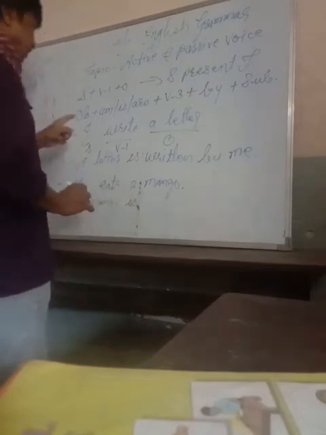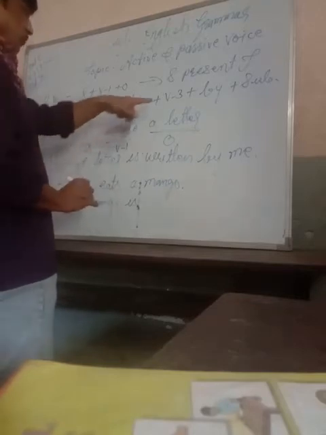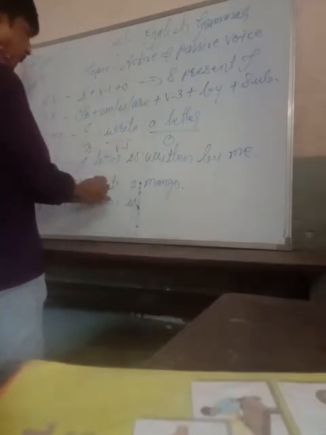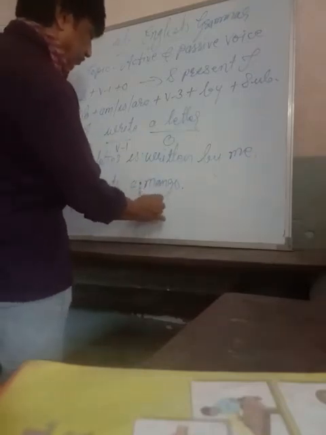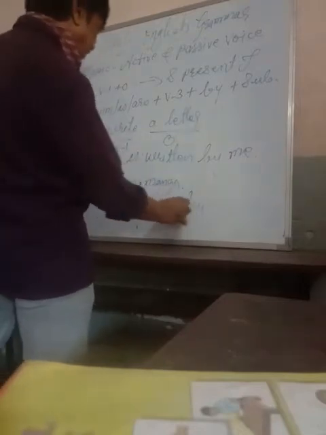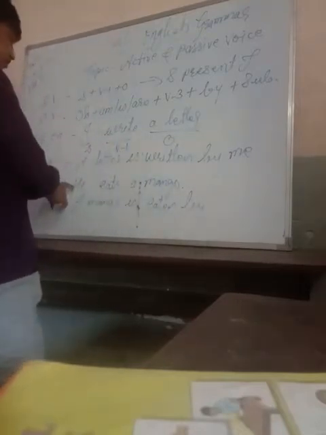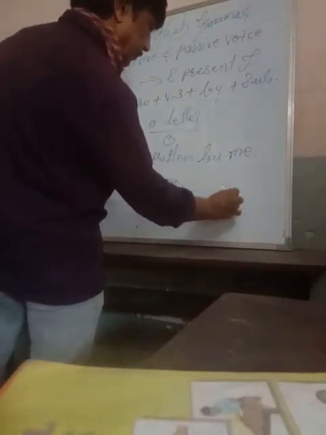So "is" will be used here. Afterwards V3. V3 of eats is eaten. A mango is eaten. Then "by" and later the subject comes. Subject is he. He will change into him. So that way. Got it?